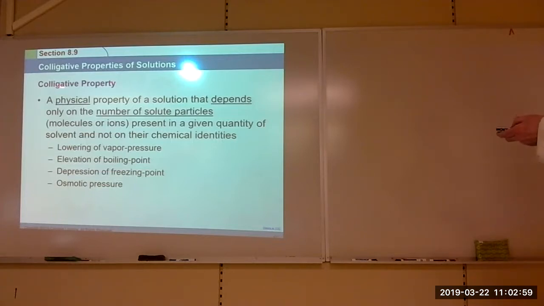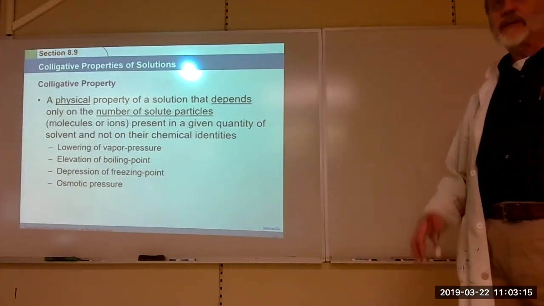A colligative property is one that depends entirely on the number of solute particles in the solvent. It doesn't matter what they are. It only depends on the number of them. Right? So that's convenient.